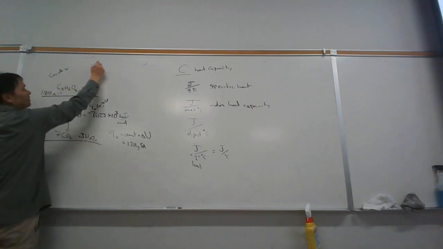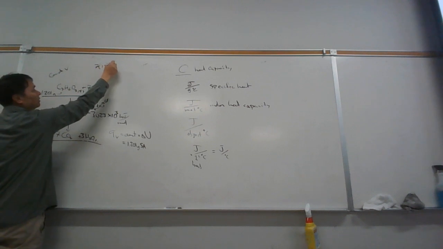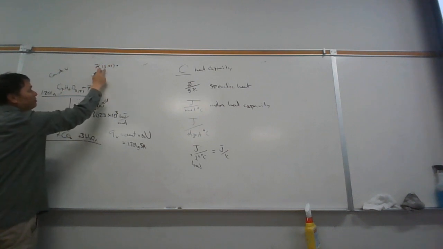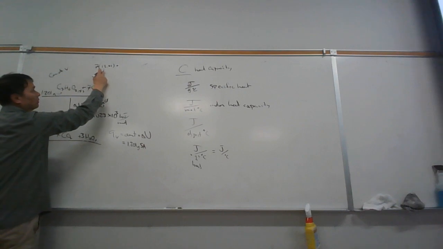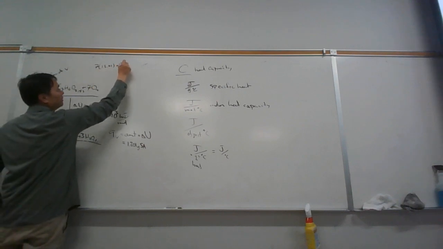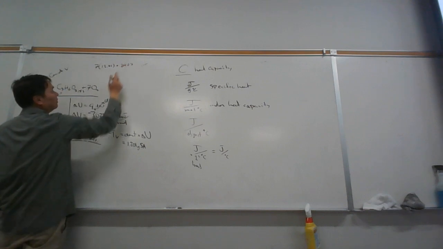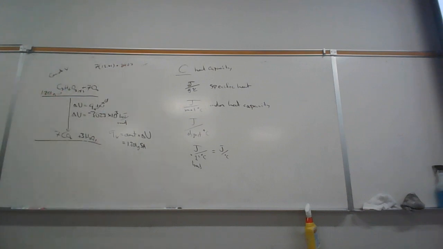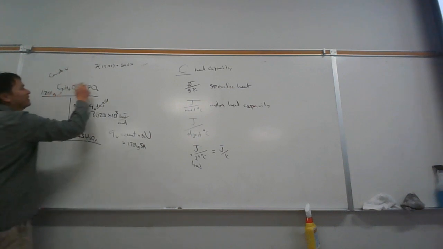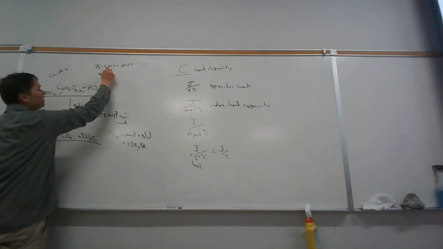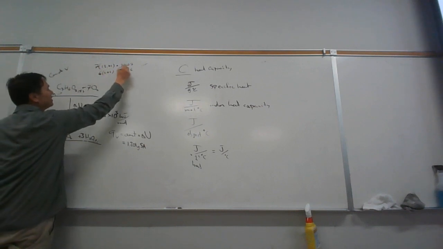I have 7 carbons, so that's 7 times 12.01, which is 84.07. Is that right? Yeah. I have 6 hydrogens. So that's 6 times 1.01, so it's going to be 6.06.